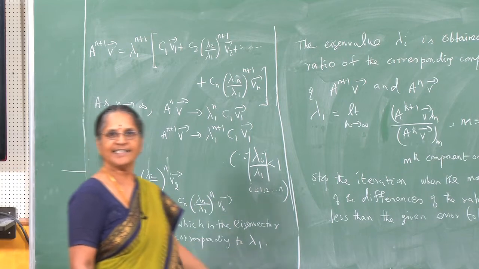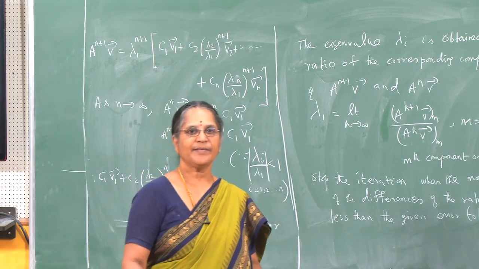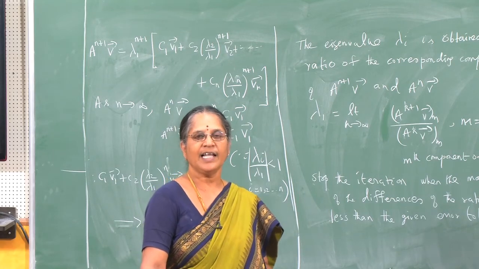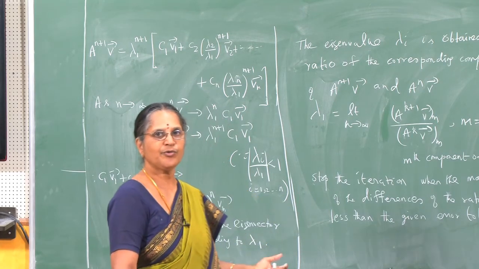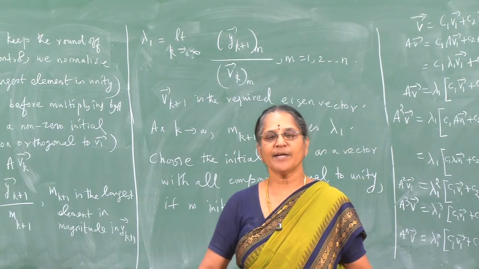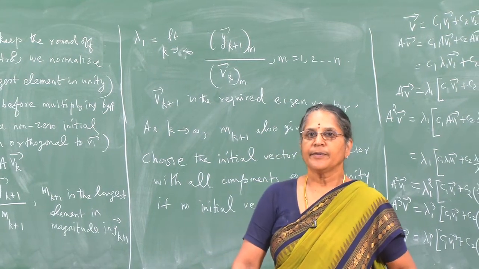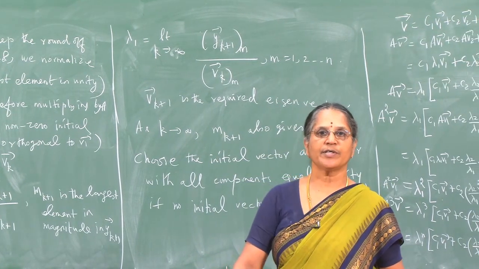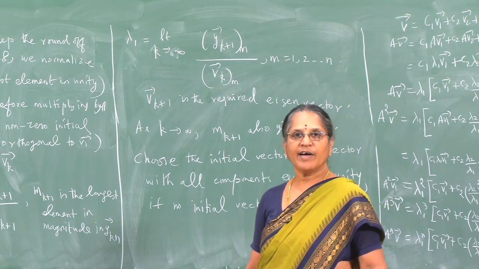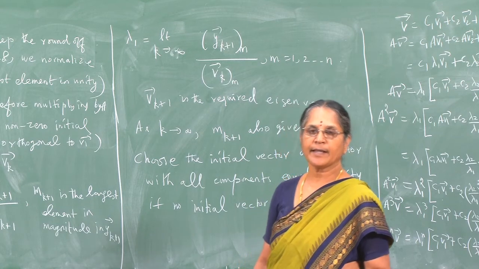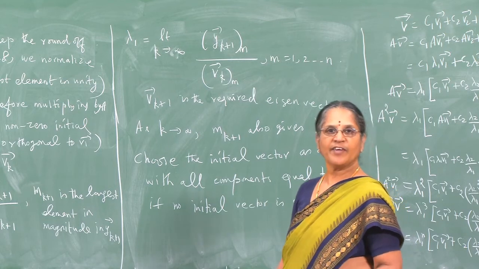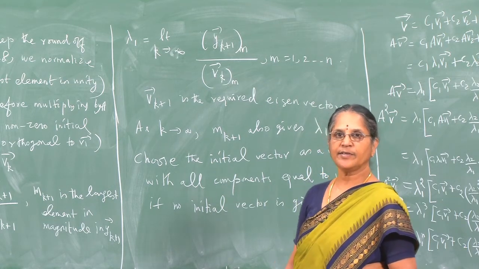So, let us take an example and understand the power method, which helps us to determine numerically the largest eigenvalue in magnitude of a given matrix A. So, we need to control the round off errors in our computations.